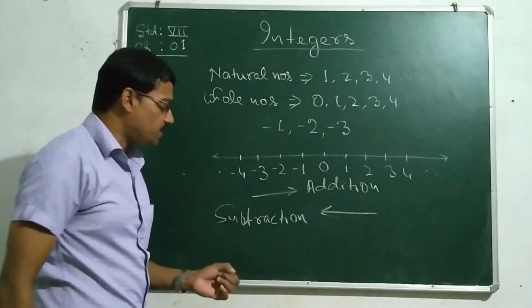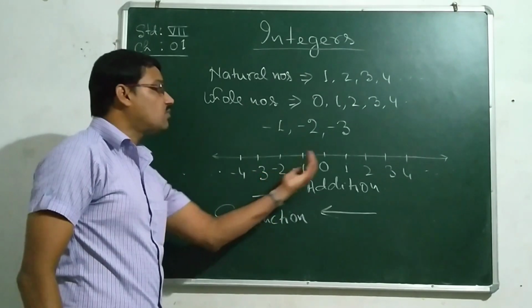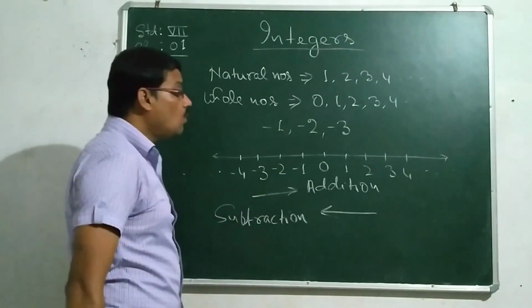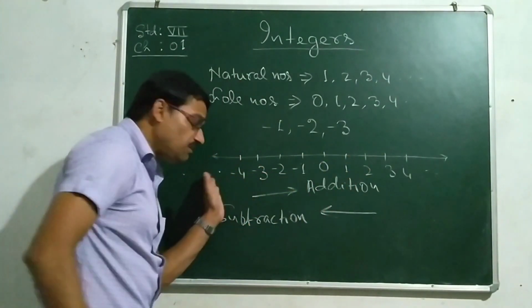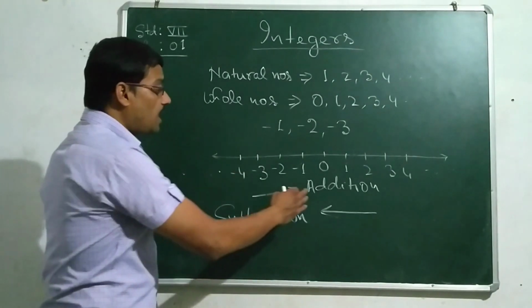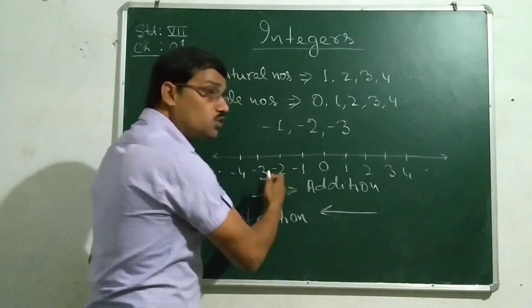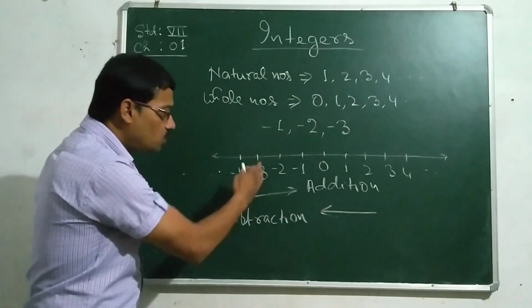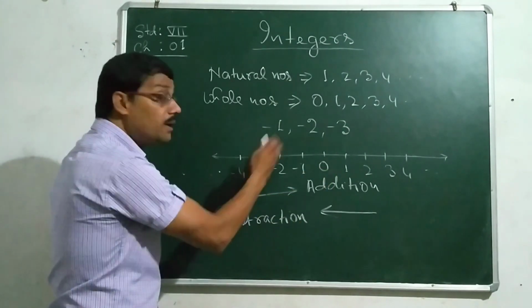Once again I am explaining. If you are told to subtract -3 from 2, we will move 3 steps from 2 in the left direction, and if you are told to add 2 to -3, then we will move 2 steps towards right side from -3.